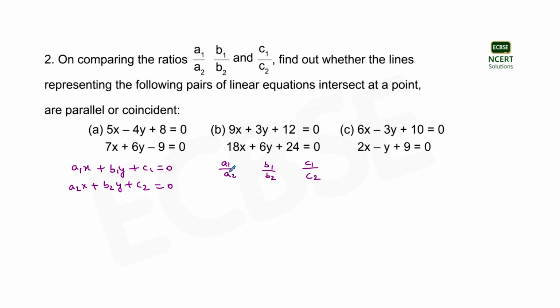Now we will see the relationship between the three ratios, a1 by a2, b1 by b2 and c1 by c2. If the ratio a1 by a2 is equal to the ratio b1 by b2, which is also equal to the ratio c1 by c2, then such a pair of linear equations is said to be coincident.